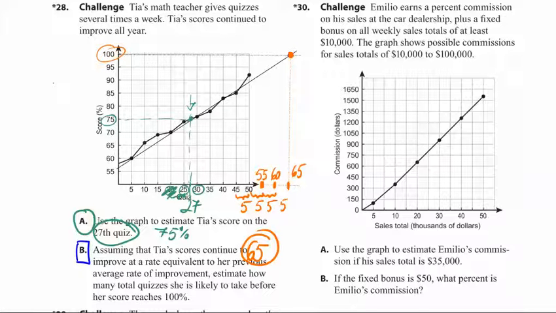Make sense? Like I said, in a future lesson we'll use an algebraic approach and not the graphical one to calculate when it is most likely the point in time she will have 100%, following all the data that is given to us. Okay? Good. How about problem number 30?